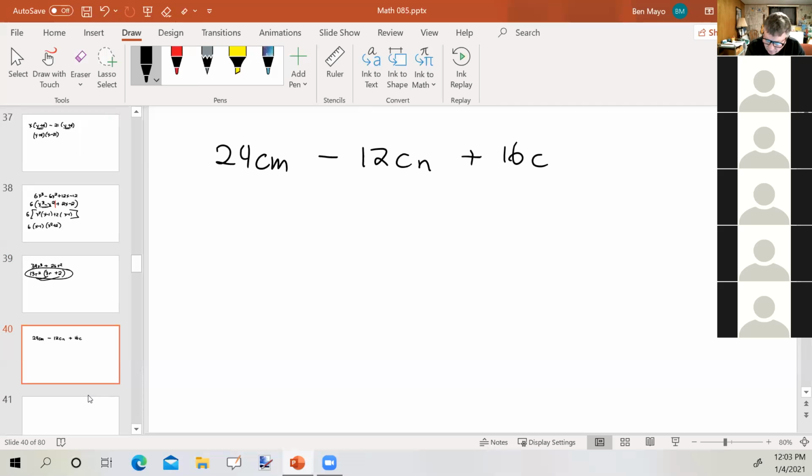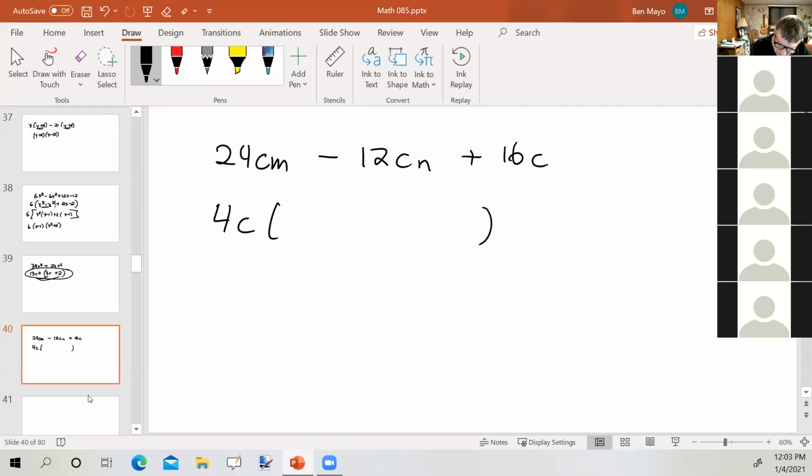Well, let's see, 24, 12, and 16. 2 goes into those. Oh, 4 goes in. Anything bigger than 4 in terms of numbers? I don't think so. No. And then what about the variables? They all contain a single c, and I think that's it.